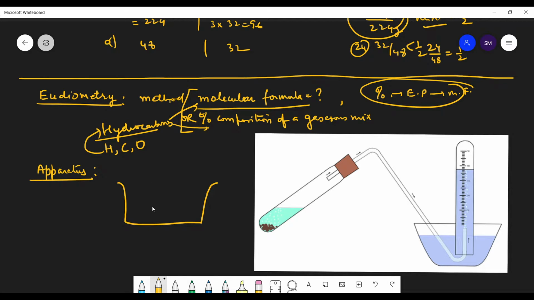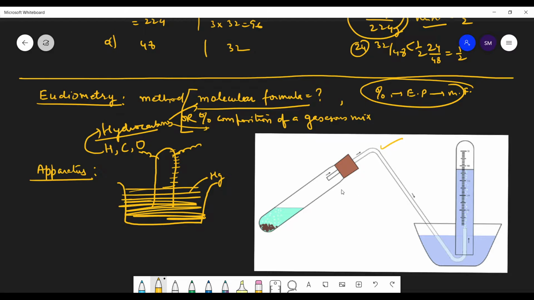This diagram can also be like this, where the hydrocarbon is filled, and this tube is connected with the electrodes. Gases pass through the tube, and this tube is filled with mercury, and it is inverted. So these are two different apparatus we have. These are the electrodes.